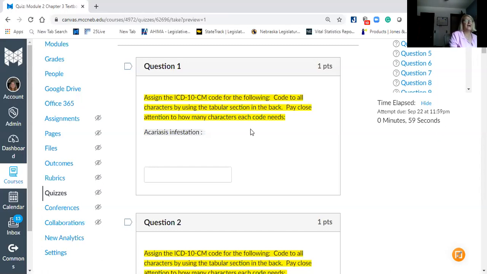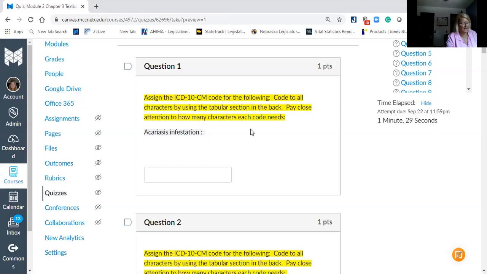We don't, so we go with just those two words. So infestation, page 187 in your coding manual, if you have the one I do, and you look down to acariasis. In here it says B88.0.